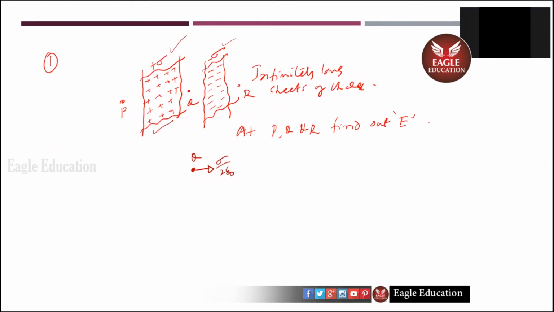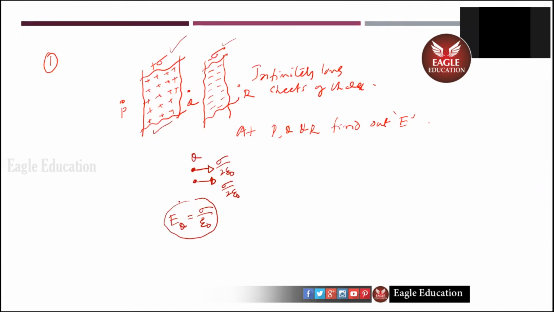And for the negatively charged plate, it will be towards it, towards negative, sigma by 2 epsilon naught. So the net is how much? Towards minus. All right? This is the first answer.